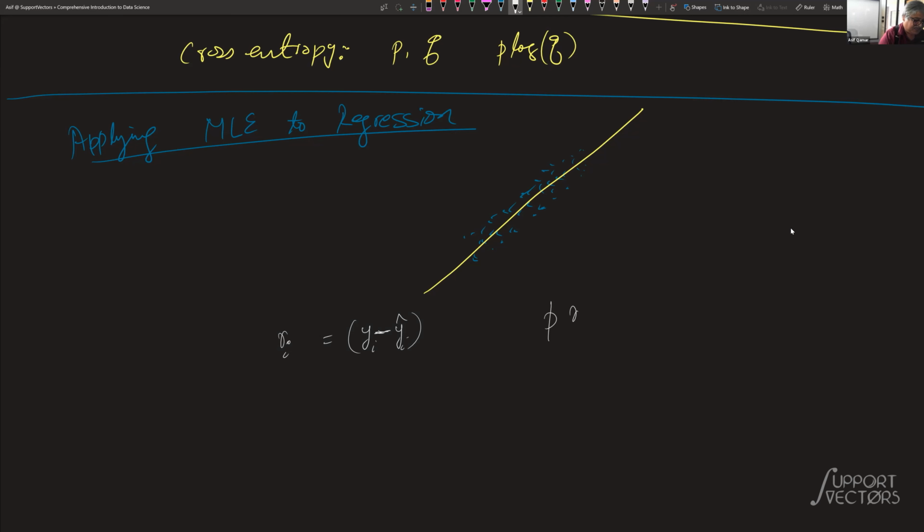Or let me just use epsilon because I think I've been using epsilon for the error. So you would want to believe that your errors go like this, is proportional to 1 over root 2 pi, right? See, there is a sigma squared. Forget about this. e to the power minus epsilon i squared over 2 sigma squared. This is called the bell curve.